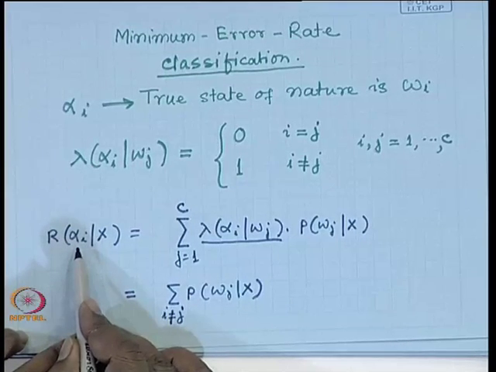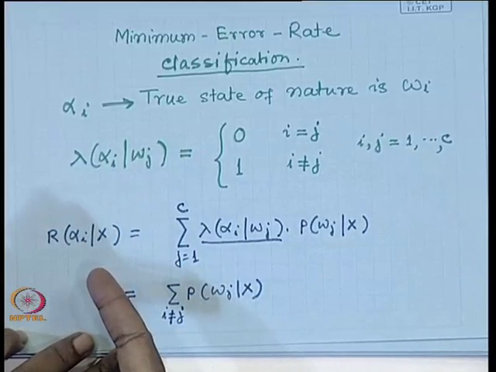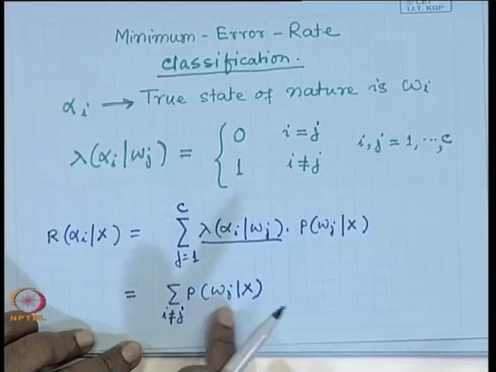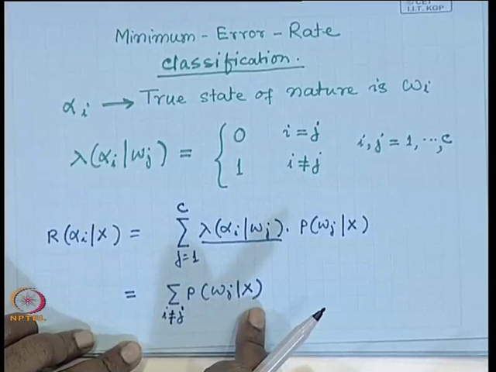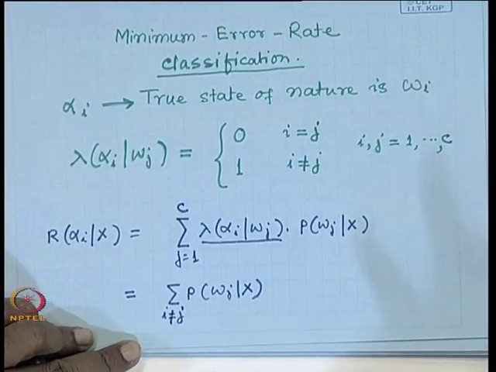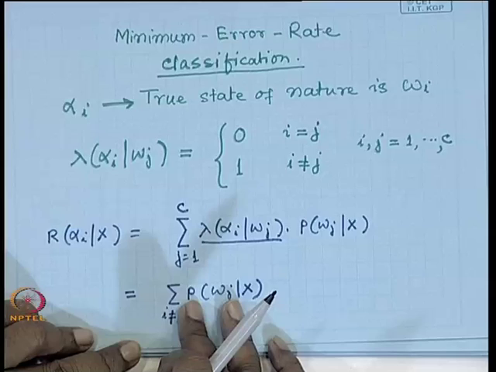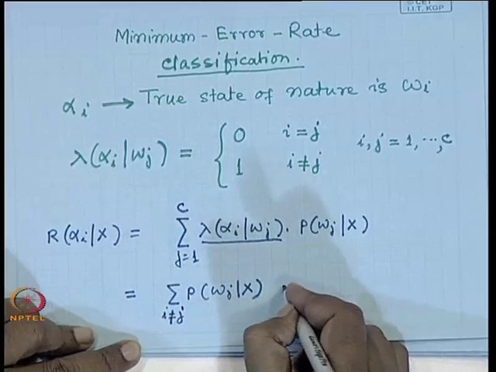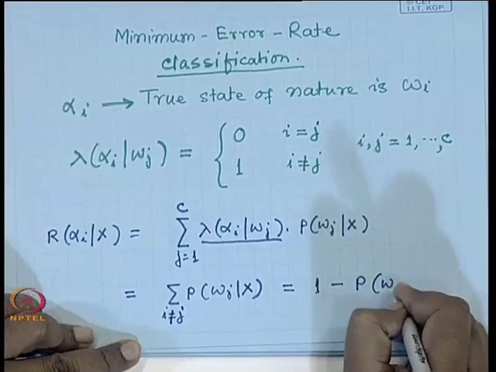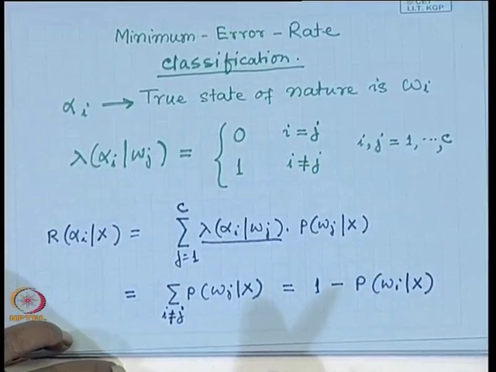Now, for this alpha I have only one value of j which is equal to I. Total summation of all these probability values p of omega j given x for all values of j is equal to 1. Out of that, this is the summation where I is not equal to j, right. So, this is nothing but 1 minus p of omega I given x, right.